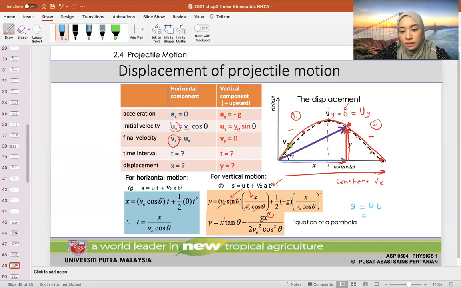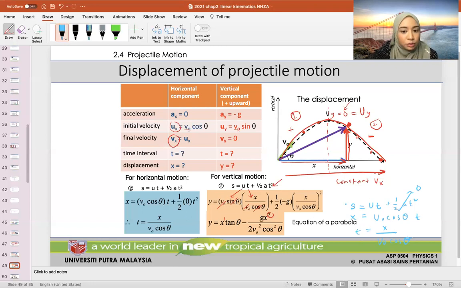Where S is X, U is V naught cosine theta, and then there's T. So basically it's just linear kinematic. Tapi kita still kena tahu T apa. So it's X over V naught cosine theta. This is where they got UT plus 1 over 2 at squared. Okay, this one goes to 0. So this is where they got the equation for T.